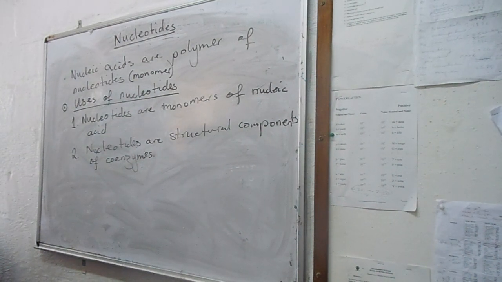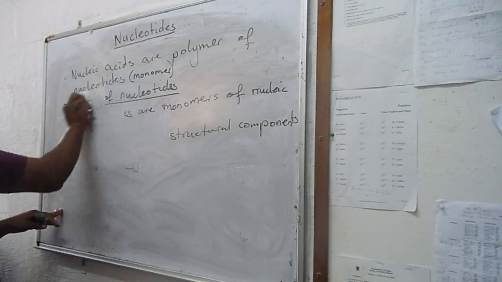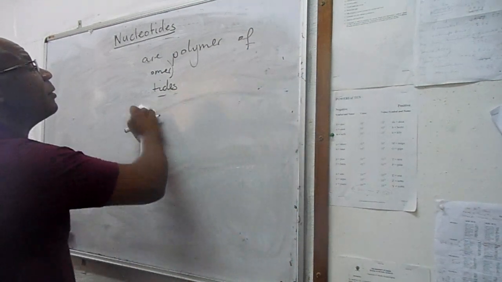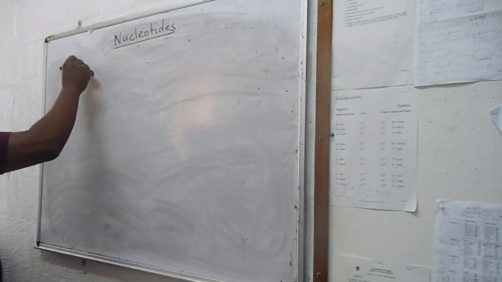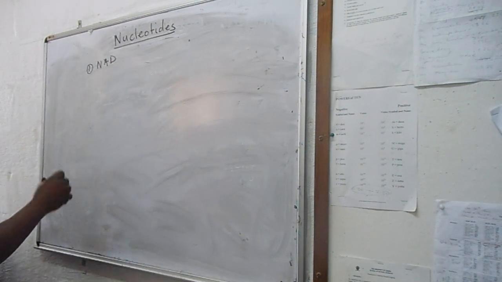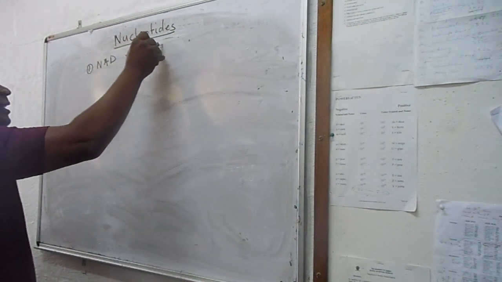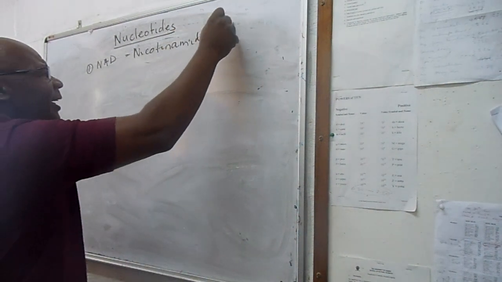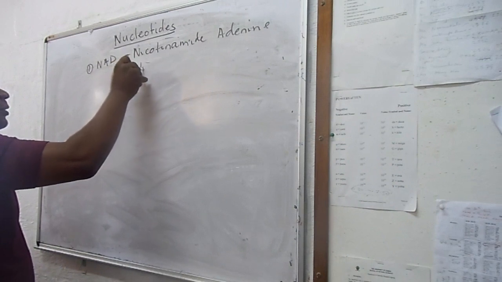Maybe at this point, let me give you a few examples of coenzymes. Substances such as NAD, the coenzyme, which is nicotinamide adenine dinucleotide.